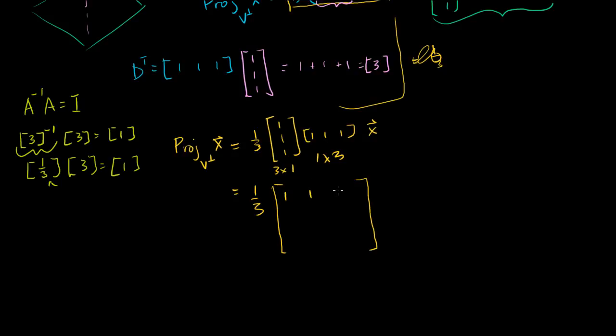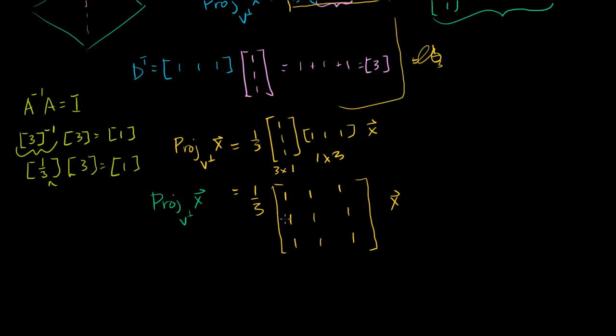Third entry is going to be 1 times 1, which is 1. I think you see the pattern. The second row, first column, 1 times 1 is 1. So this is just going to be a 3 by 3 matrix of 1s. So just like that, that was a pretty straightforward situation. We were able to get the projection matrix for any vector in R3 onto V's orthogonal complement.